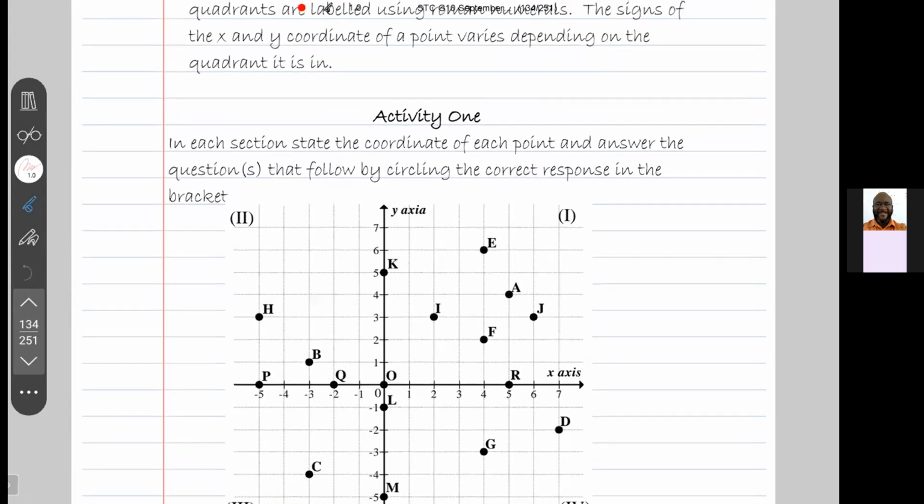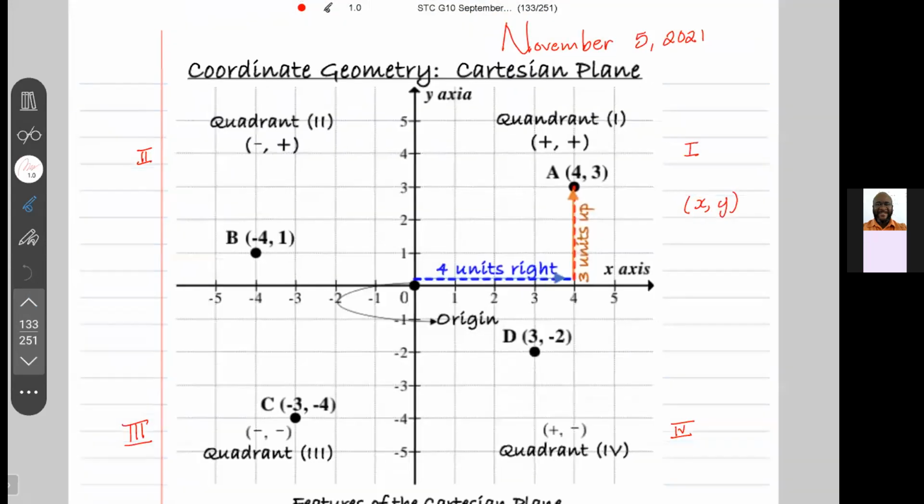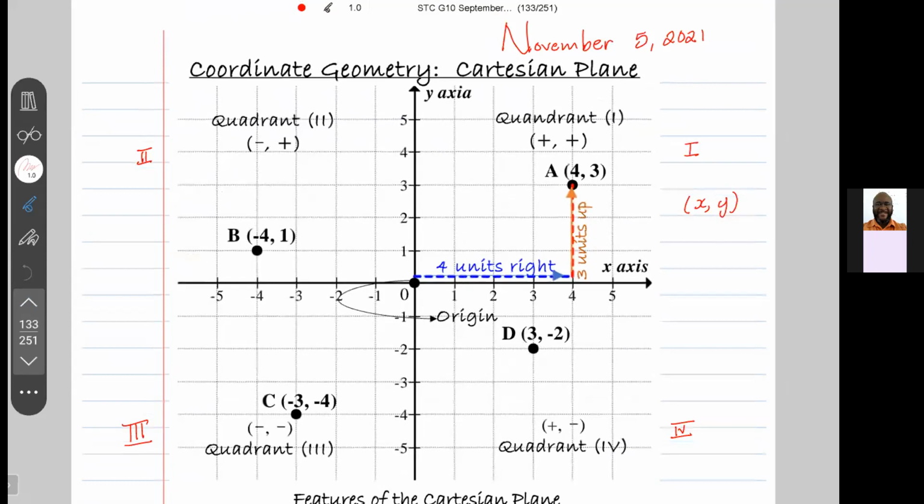So let me go back to this picture for a second. All right, so this is the point A here. Now, I'm going to show you one way of determining the coordinates of a point.